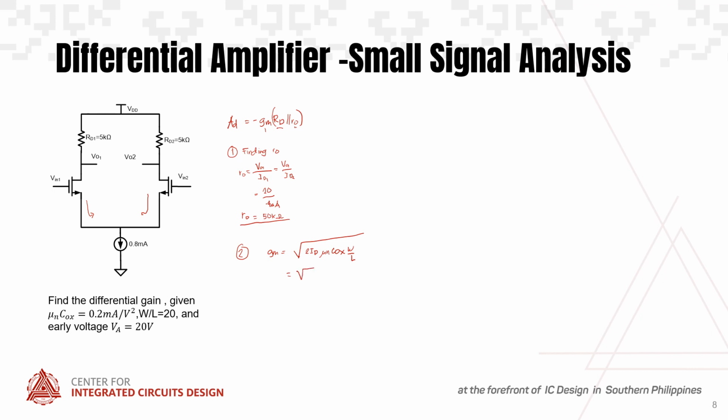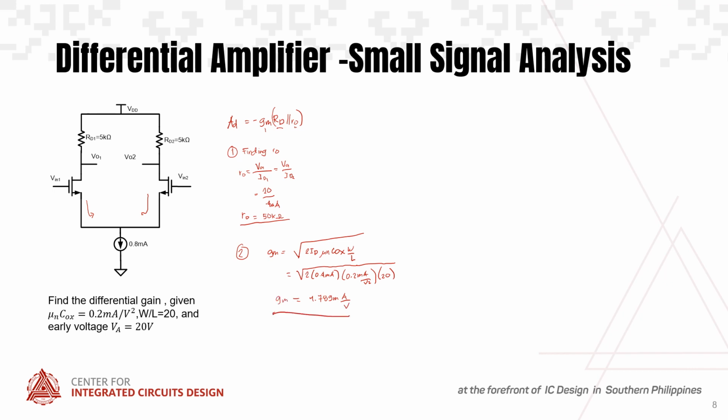We have 2 times 0.4 milliampere times mu n COX equal to 0.2 milliampere per volt squared, and W over L equal to 20. Using our calculator, we get 1.789 milliampere per volt, and that is our GM.